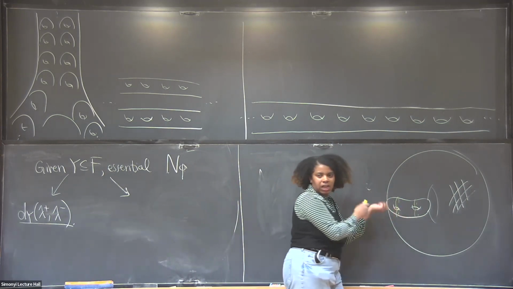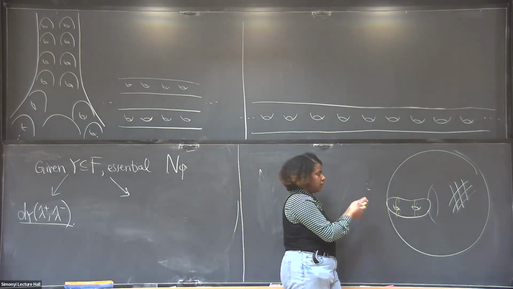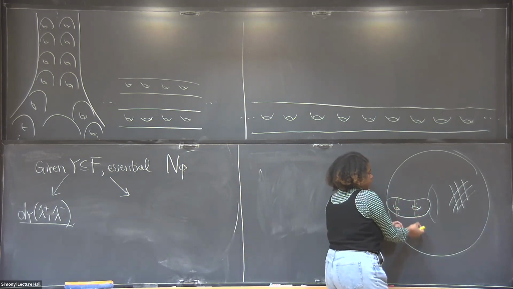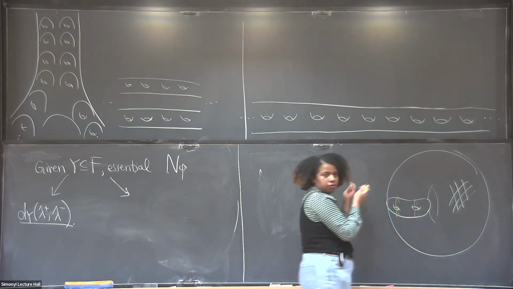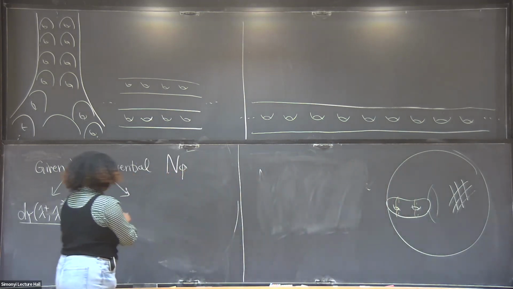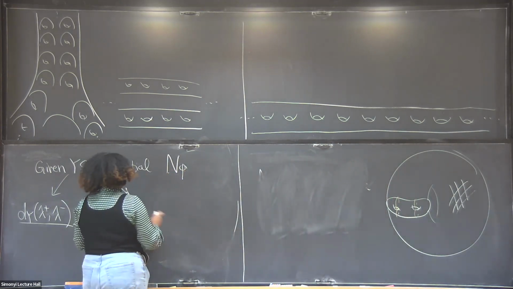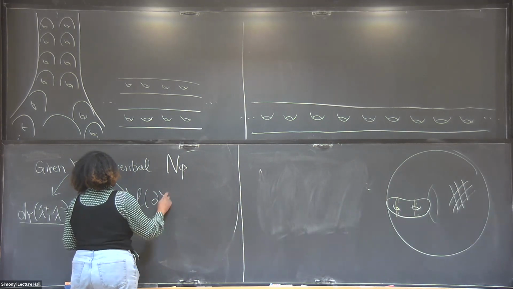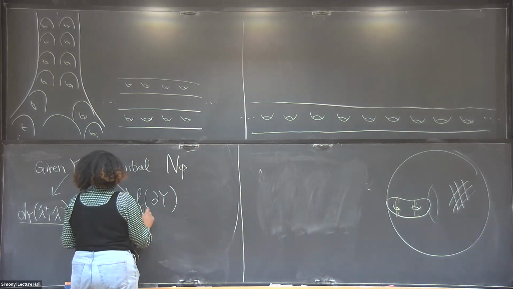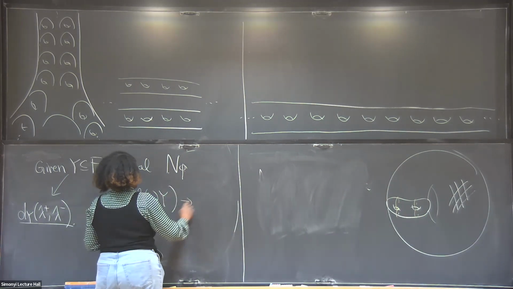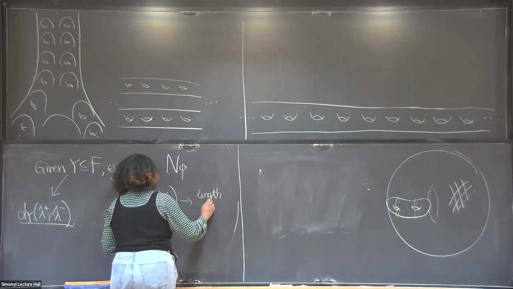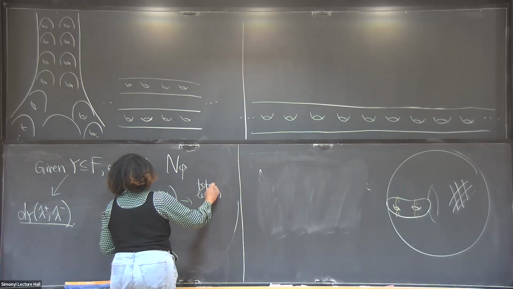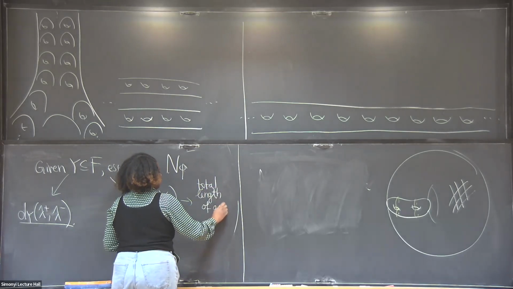This is not capturing the geometry of this mapping torus. If I want to pull these tight to a geodesic, they probably aren't living here. They're living somewhere else in the manifold. So I can pull the boundary tight to a geodesic and consider its length in the hyperbolic metric. So, length of geodesic, probably total length.